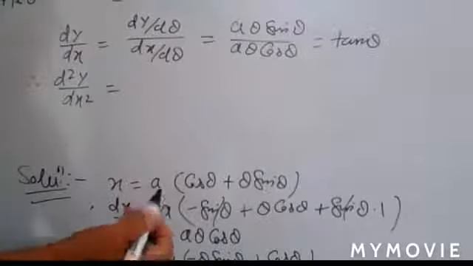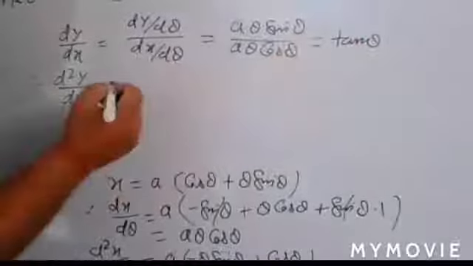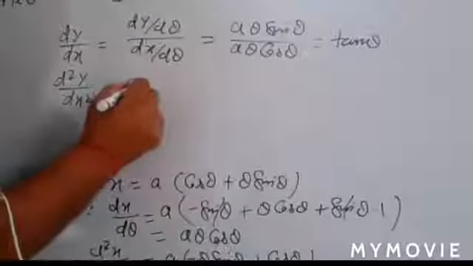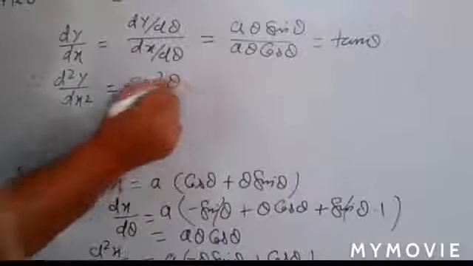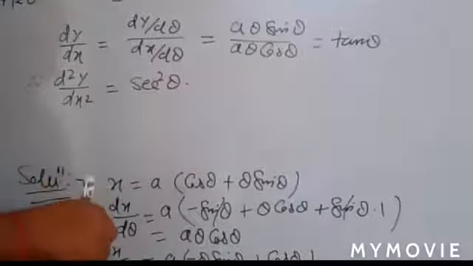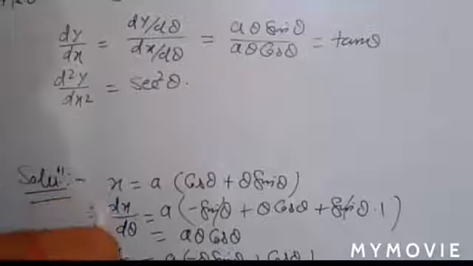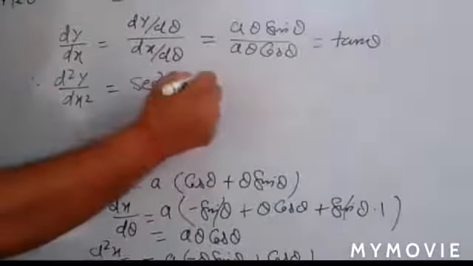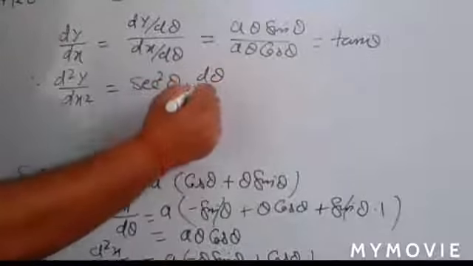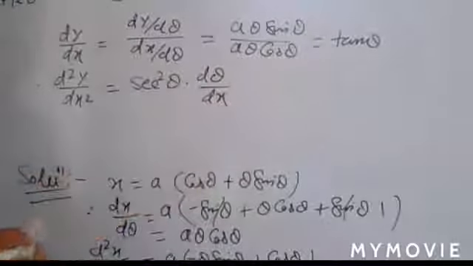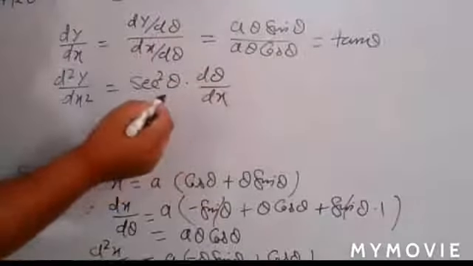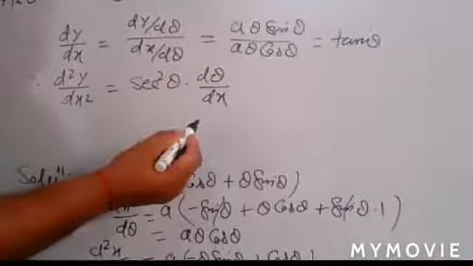So you differentiate tan theta. The differentiation of tan theta is sec square theta, and then again you have to differentiate theta with respect to x, so d theta by dx.